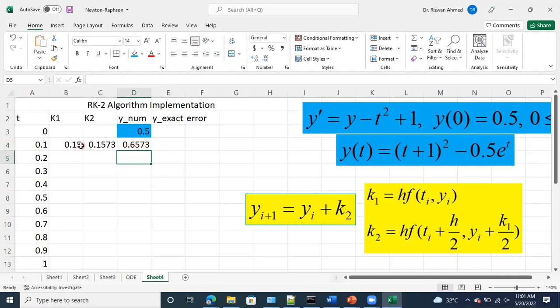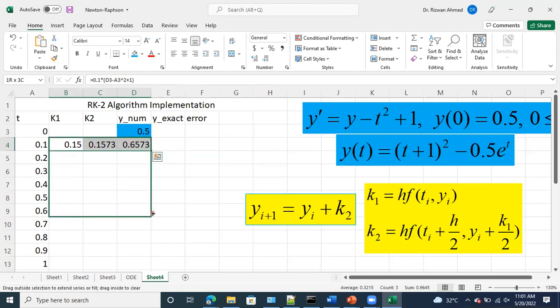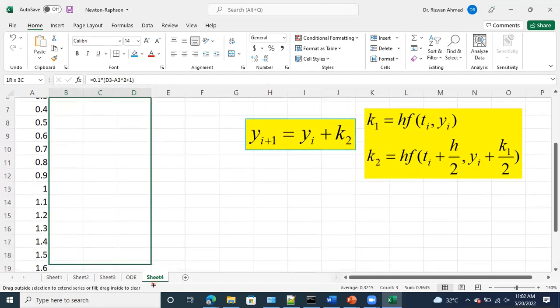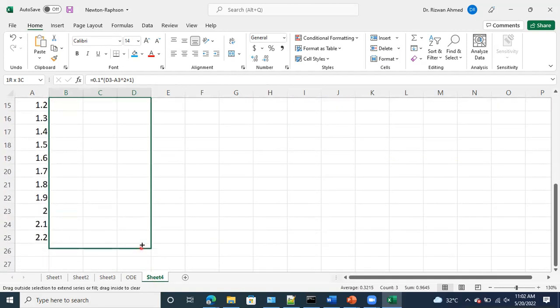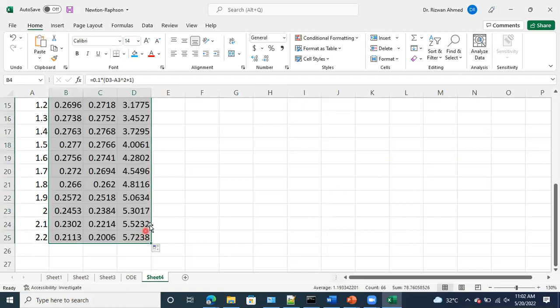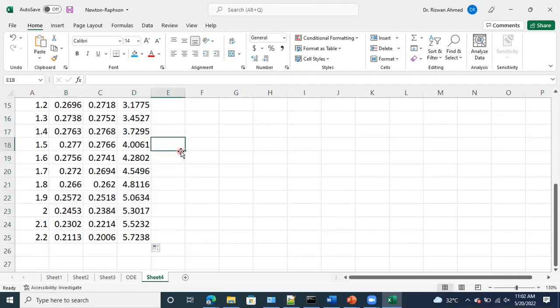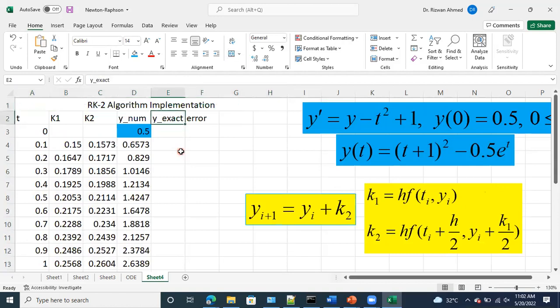For the rest of the calculations, the numerical method will take over, and we can perform this calculation in a repeated fashion. First K1 will be computed, then K2, and then the y calculation. That is the algorithm, which is analogous to Euler's method. Euler's method was the fundamental one.